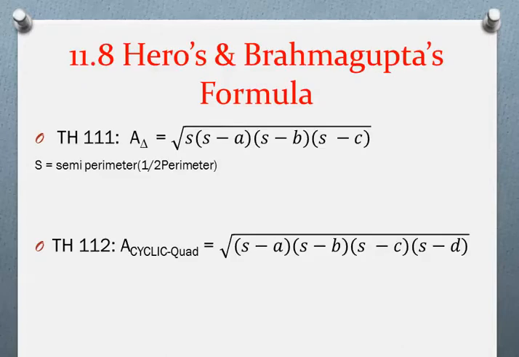And the second part of today's video is 11.8, Hero's and Brahmagupta's formula. They're just simply two formulas that can help us calculate the areas of a triangle and a quadrilateral. The first one, Theorem 111, is called Hero's formula.